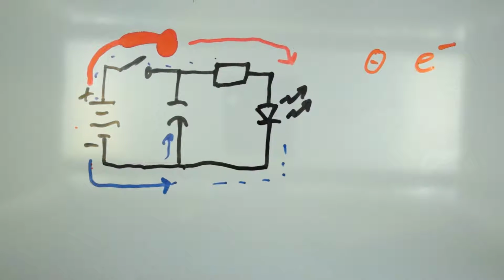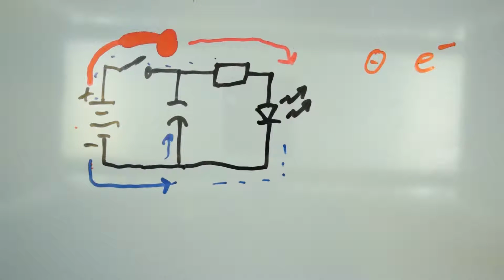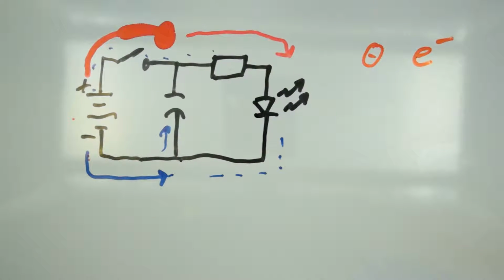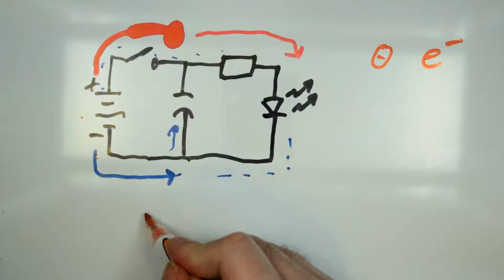This is a concept that I really haven't wanted to cover on the channel because I don't like electrons and holes as descriptors, but it is the accepted terminology, and I haven't really figured out a better way to describe it. But basically, let's find a new color here. Let's try orange. Let's see what the orange is like.